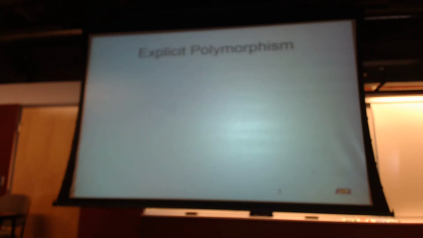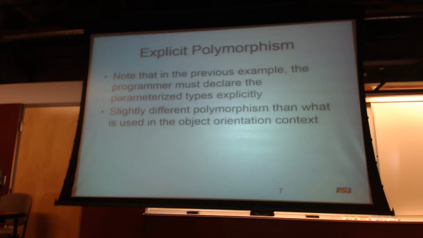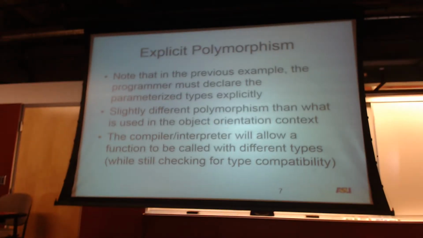The programmer has to explicitly say that the first and the second argument have variable types. That is explicit polymorphism. You don't have to worry about the object-oriented context now. The compiler and interpreter will allow a function to be called with different types. That is what happened in the previous example.